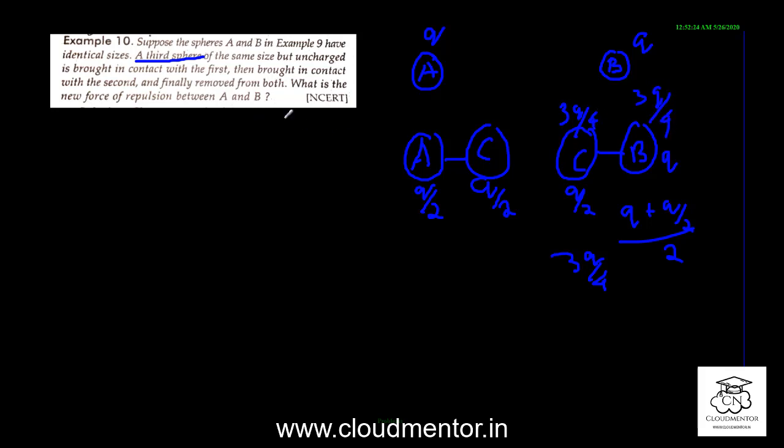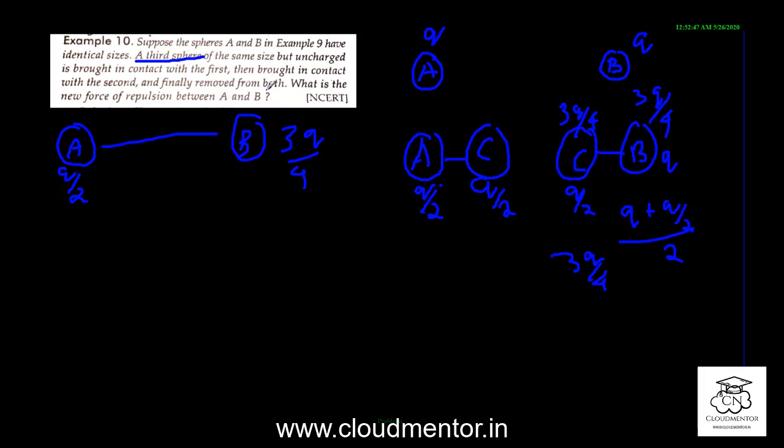And A now has Q by 2 charge, and B has 3Q by 4 charge. And they are at the same distance as before, that is 50 centimeter away.